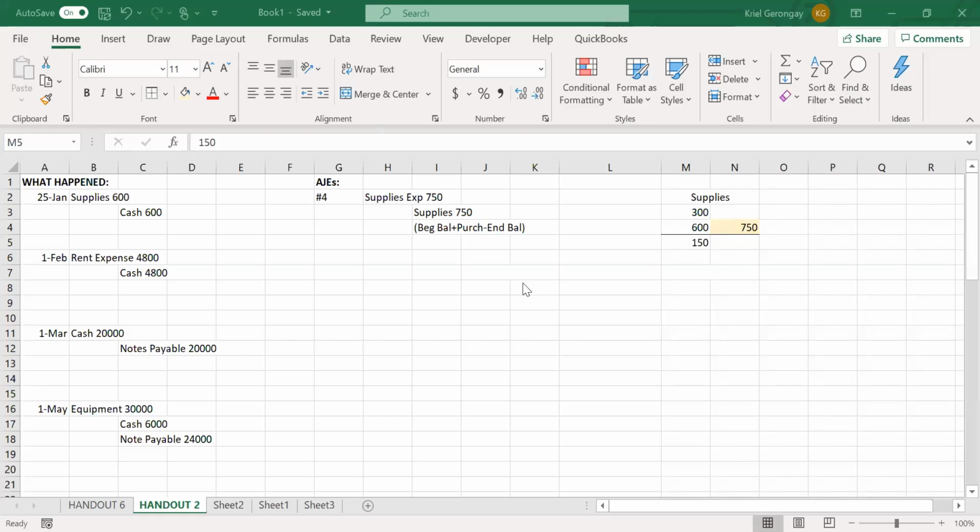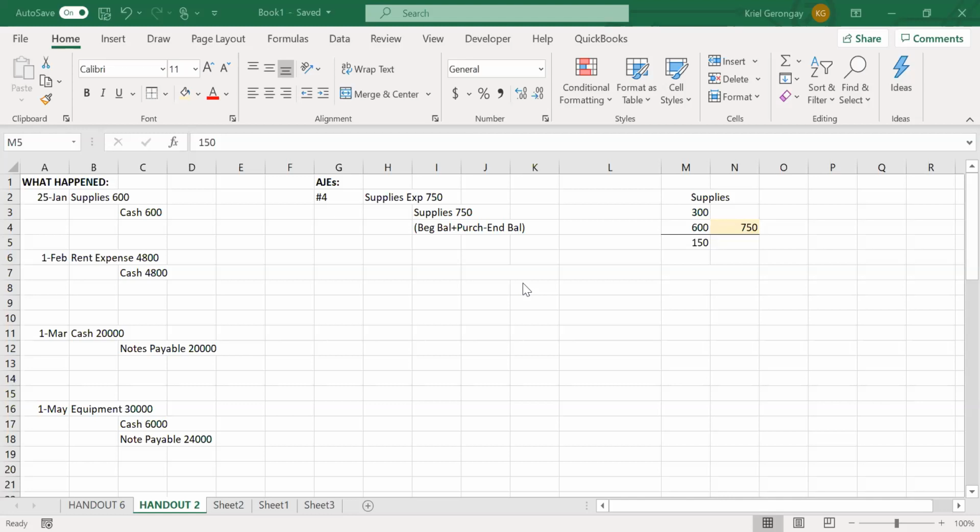Because we didn't record how many tomatoes we used throughout the year, we just know we had a beginning balance of $300 and purchased $600 worth. Since we know the ending balance, we have to find how many tomatoes we used, which is where the 750 comes from.